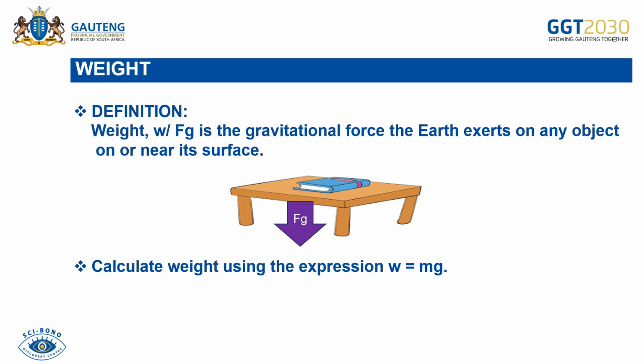For example, in this case, you are having a table, and we are having a book. The table has its own Fg, gravitational force or weight. Even the book has its own gravitational force.